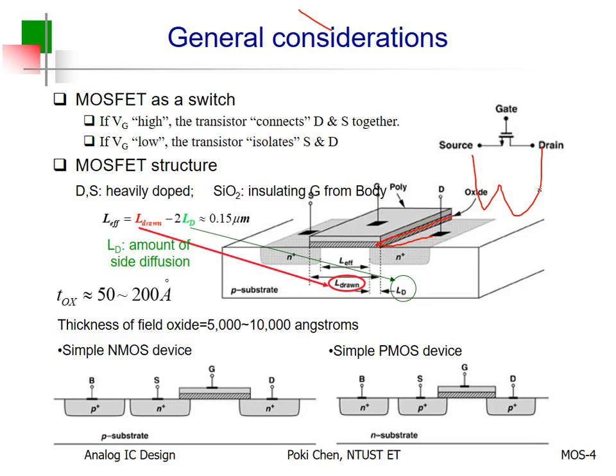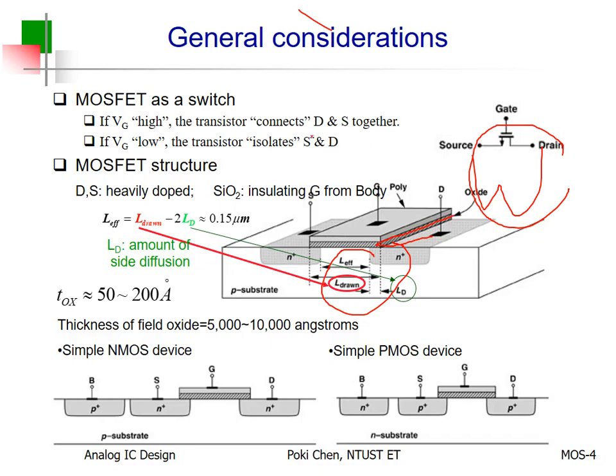The wider, the more current, under the same situation. So that is the definition for W, the width of your MOSFET. And what is the definition for length? How far from this side to that side? The longer, the worse for current conduction, just like a resistor. So the length is the distance between your source and drain.